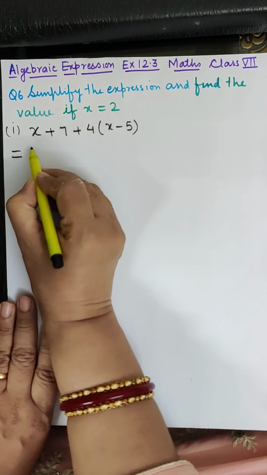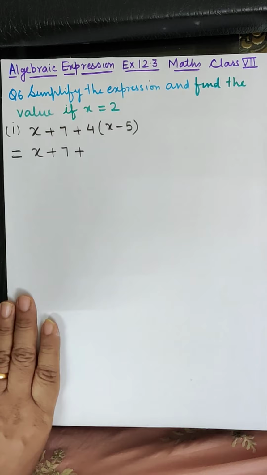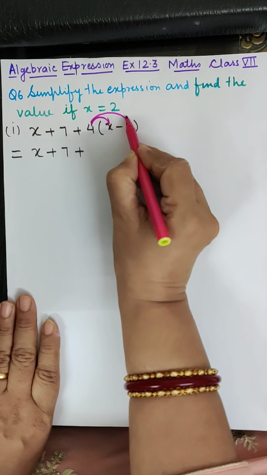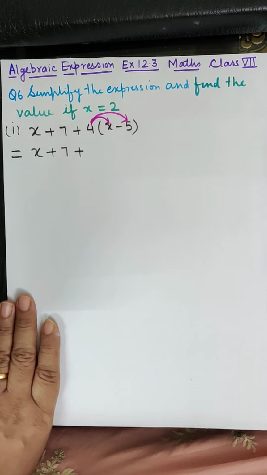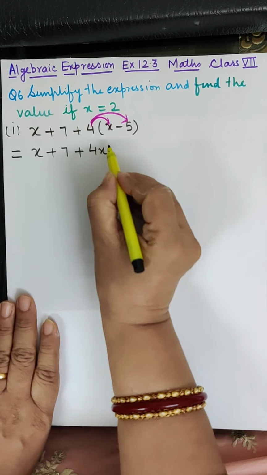What do we get? x plus 7 plus, now see here, this 4 is multiplied by x and 4 is multiplied by 5 when we open the bracket. So what it becomes? 4 into x is 4x.